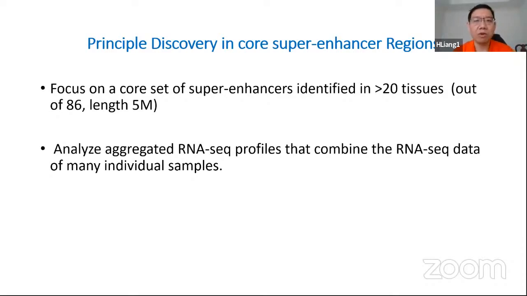And then for each of those tissues, we generate super deep RNA-seq. For each tissue cancer, we aggregate hundreds of RNA-seq datasets. So you can imagine for each region, you have extremely high coverage. Then we can focus on those super enhancer regions.